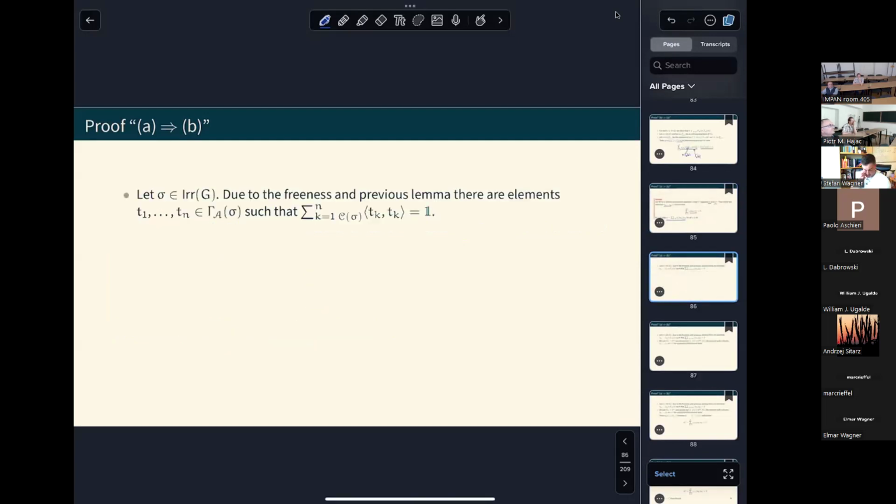Again, we assume freeness, and we would like to get these isometries. You start with an irreducible representation, and due to the freeness, we know that the associated vector bundles are Morita equivalence bimodules, which means that you find elements in gamma A of sigma such that the sum of the respective inner products gives you the 1.